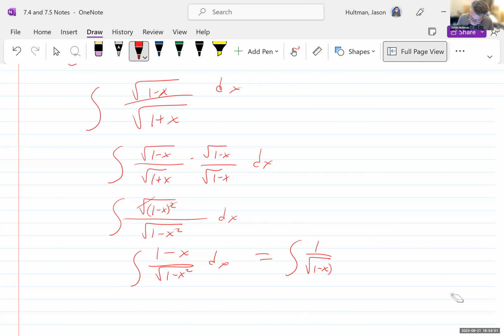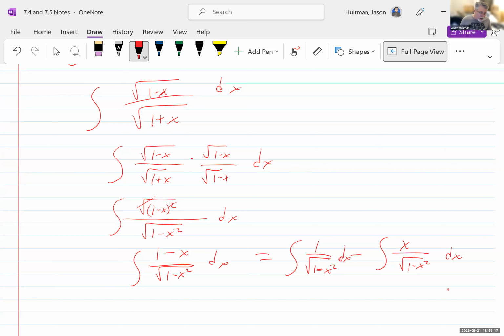It's way too time consuming. Maybe that should be on a t-shirt. Stop making mistakes. They are way too time consuming. Okay, minus the integral of x over the square root of 1 minus x squared. And these are each dx.